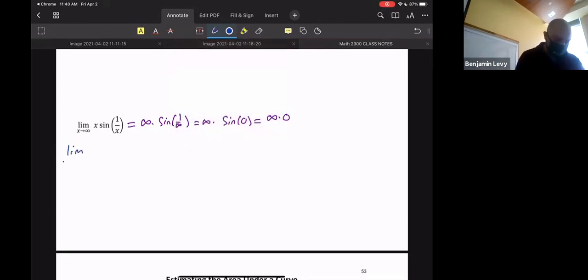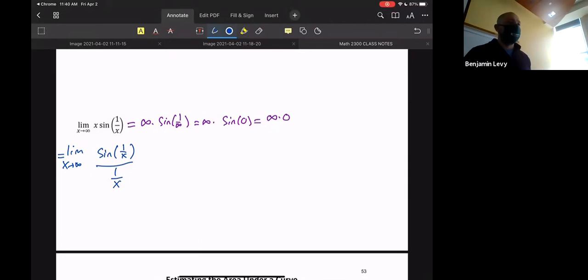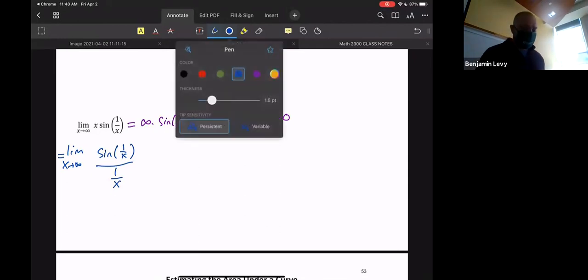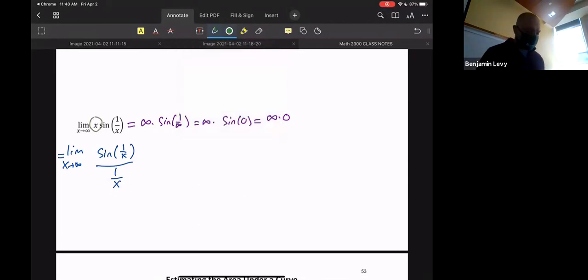Let's do the same thing we just did, which is to take the x and make it 1 over x. I should put an equal sign in there. So this is equal to this new step. We just took the x and made it 1 over x, and put it in the bottom.